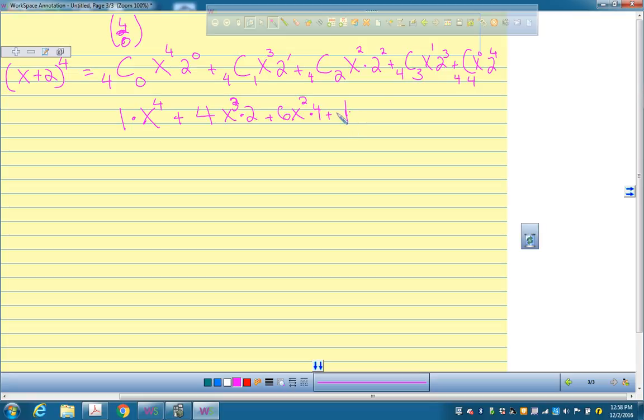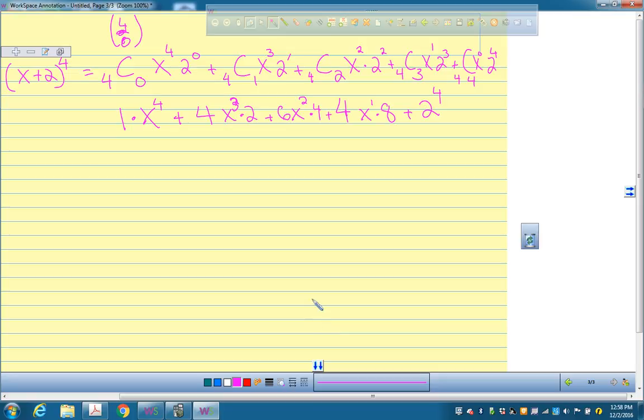So that's plus 4 x to the 1 power. And I'm writing these all out, I know x to the 1 is just x. Plus 4 combination 4. What's 4 combination 4? 1. What's anything raised to 0? 1. So 2 to the 4th, right? So that just becomes 2 to the 4th.